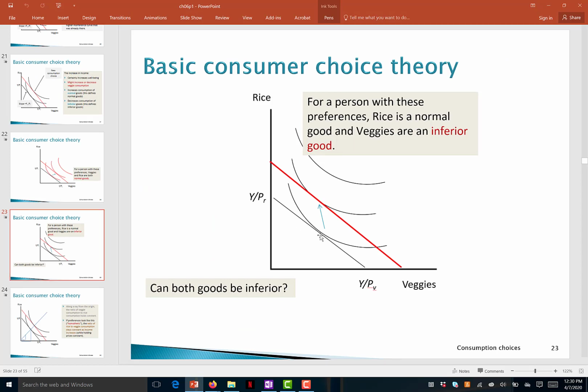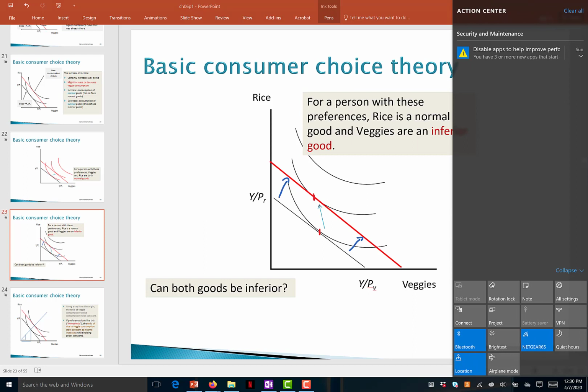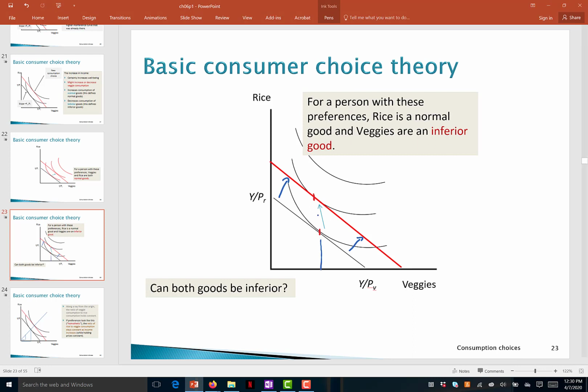In this example, as you see, the income has risen clearly. Why? Because what we see is a parallel shift of the budget curve outward, and in spite of the higher income, as you see, the consumption of veggies has gone down. So for this particular person, in this particular situation, veggies are considered an inferior good.